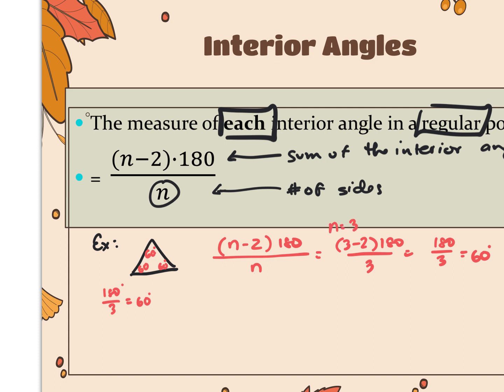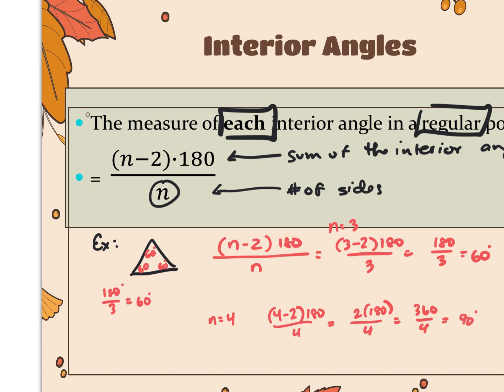So if I have a shape like a square, remember a square, all the 4 angles inside add up to 360, and each is 90. You kind of know that. But again, let's do it mathematically. If n is 4, then 4 minus 2 times 180 divided by 4 should give me the value of each interior angle. So 360 divided by 4, and it equals 90, and it does.